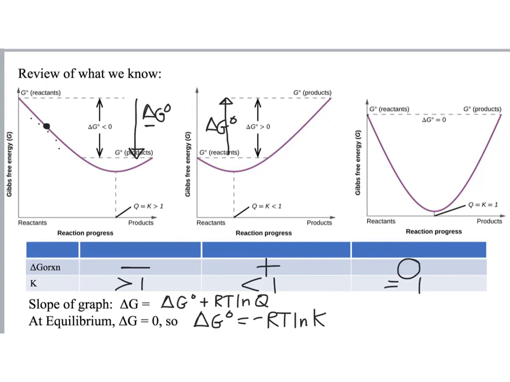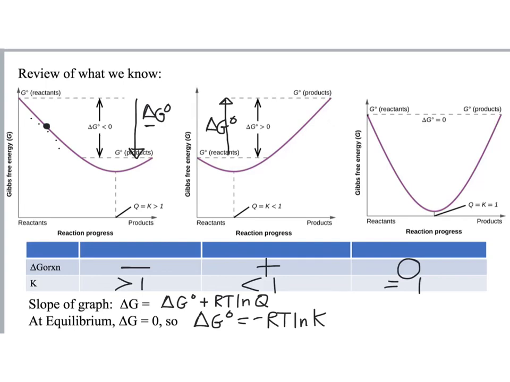These graphs are nice, especially if you're a visual person, because it can help you think about where a reaction mixture is at a certain point in time and what it's going to do to get to equilibrium. So take that point that I drew on the first graph. If that point represented your current mix of reactants and products, so like say we had 20% reactants and 80% products in our reaction mixture, because it's a lot closer to reactants.